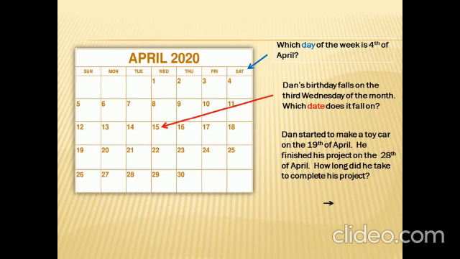This is very simple, my dear children. You have to count how many days taken from the day he started and to the day he finished the project. When you count, you get 9 days. So, that means 1 week and 2 days.